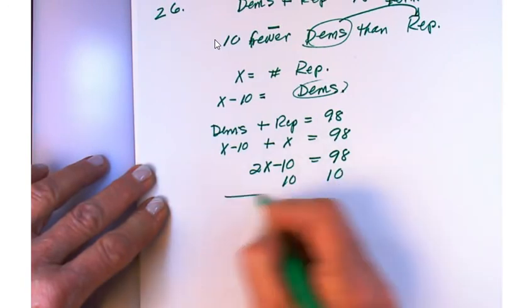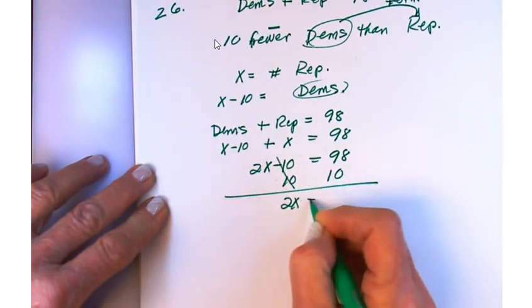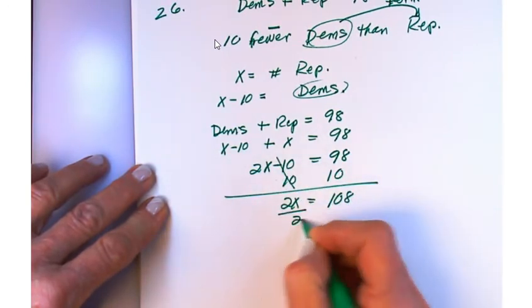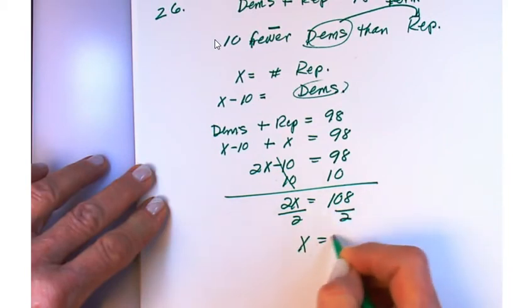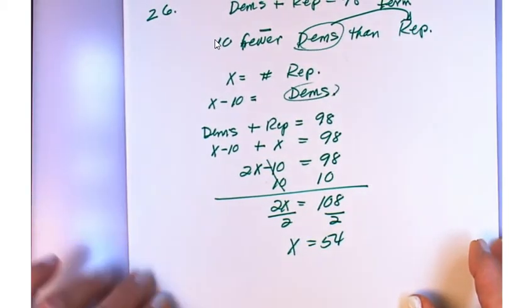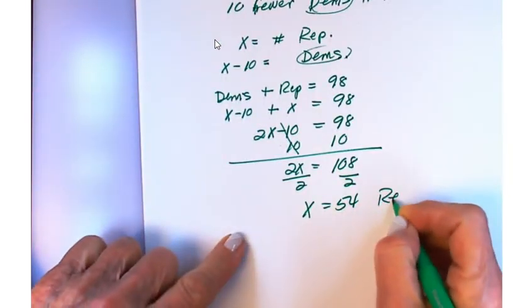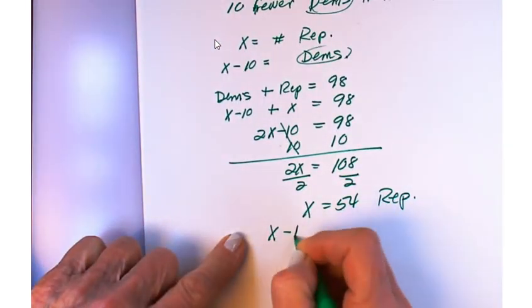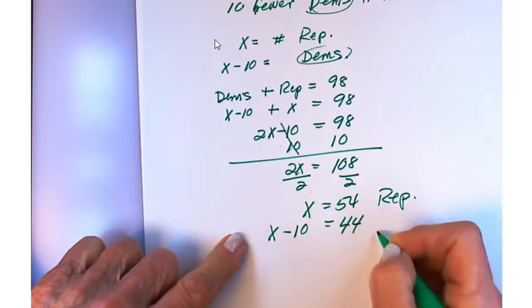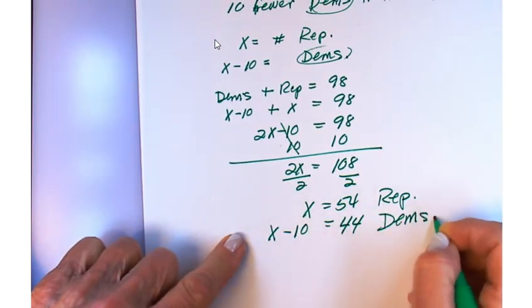I'm going to add 10 to each side, divide by 2, and I get x equal to 54. So I need to know, what does x equal? That is Republicans. x minus 10 is 44, and that is Democrats.